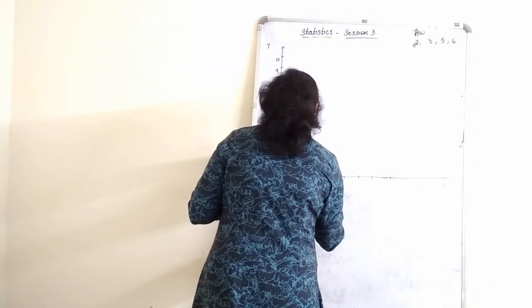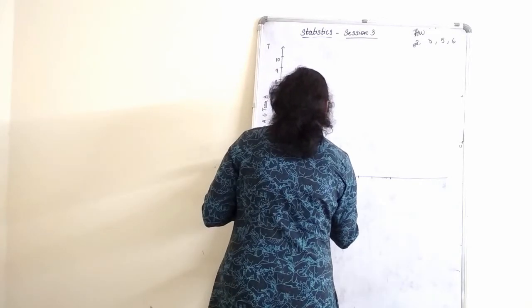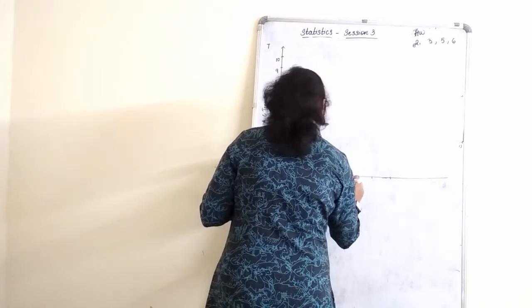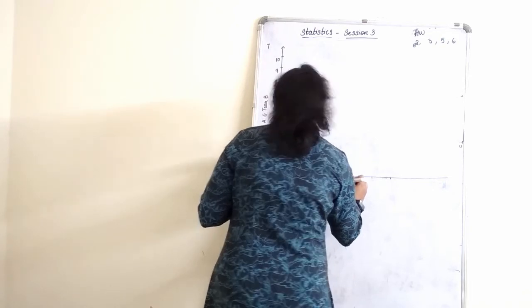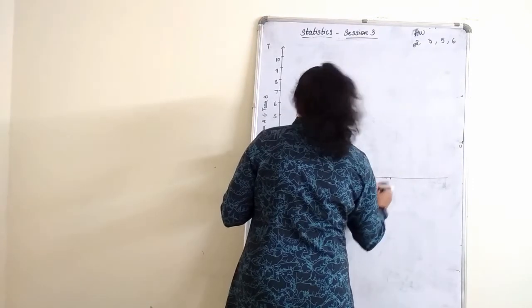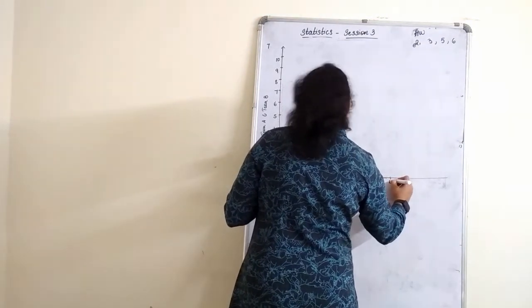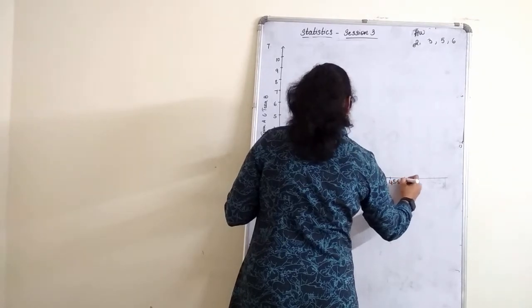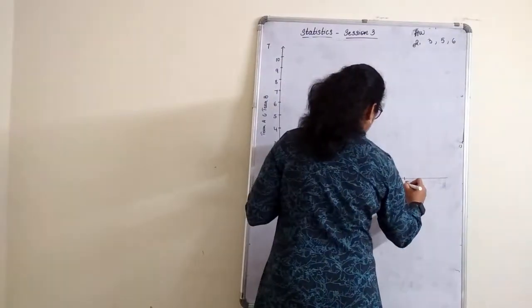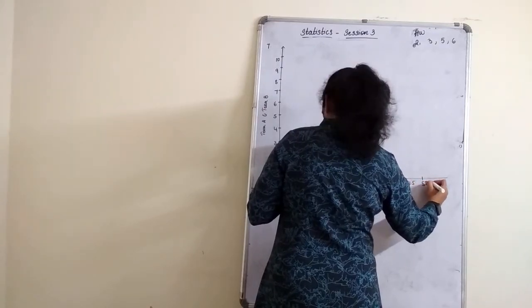9.5, the same class marks, easy for us to plot also. 15.5, 21.5, 27.5, 33.5, 39.5, 45.5, 51.5 and 57.5.